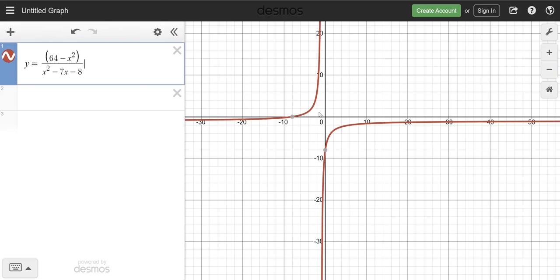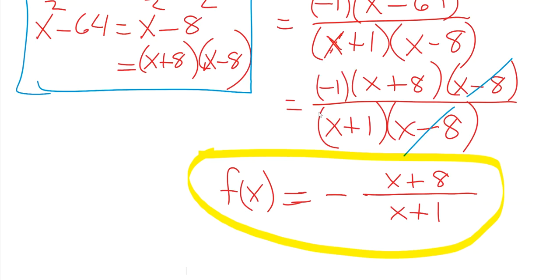Okay, here's our graph, 64 minus x squared, all divided by x squared minus 7x minus 8. And recall, we said that x cannot be equal to, go back over here to our whiteboard again, x cannot be equal to -1 or equal to 8, okay? I guess I didn't actually write those down yet, I should.